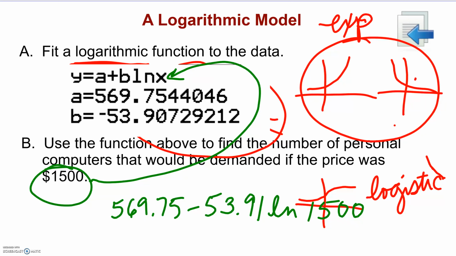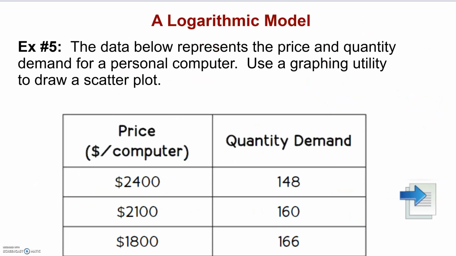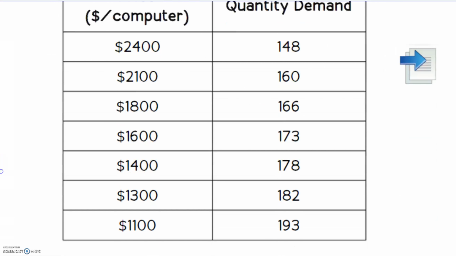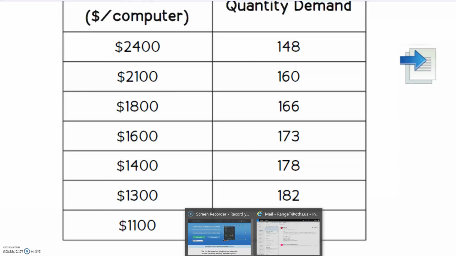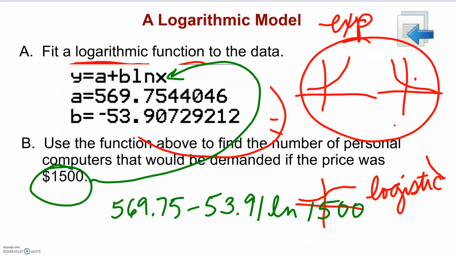And if we look back at our data here, just kind of make sure that makes sense. You know, if you've got $1,500, you're right in here between 1,400 and 1,600, and 175 is right there in between these two values. So that seems reasonable. So answer 175 computers.